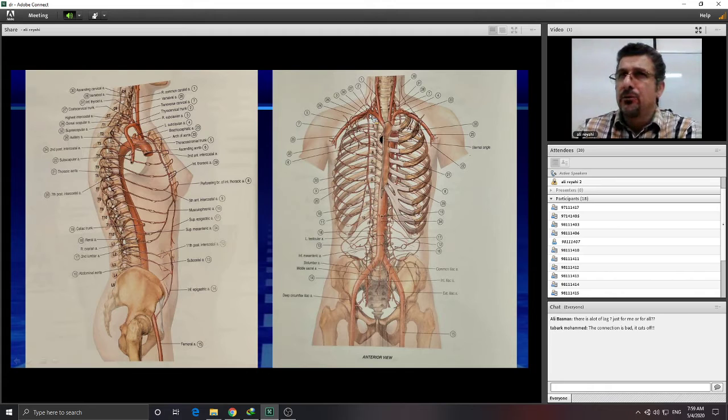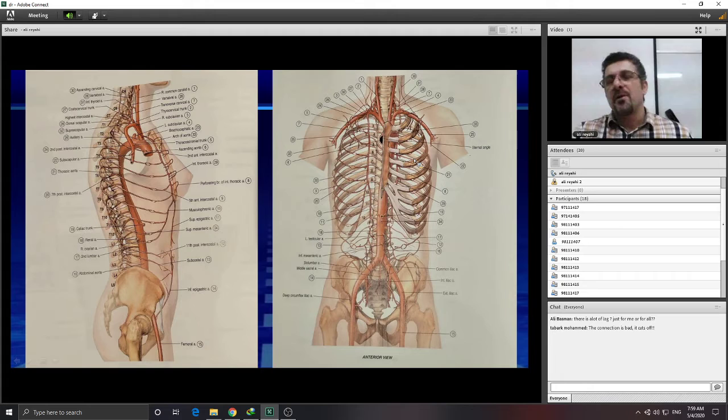At the root of the neck, the internal thoracic artery gives off an important branch. This branch is the pericardiophrenic artery. This artery travels with the phrenic nerve.